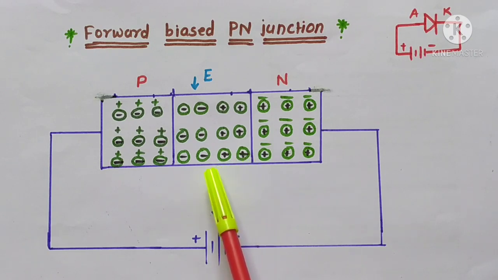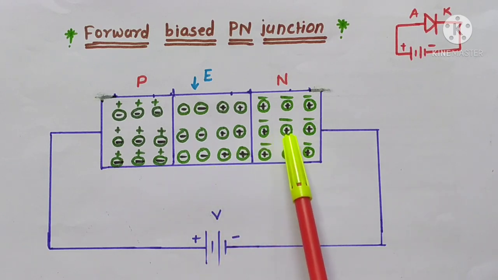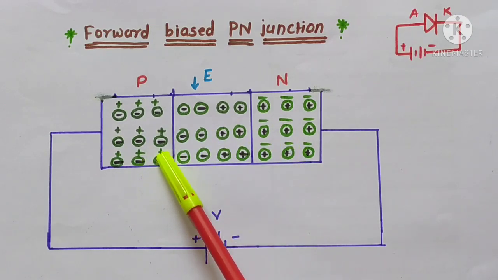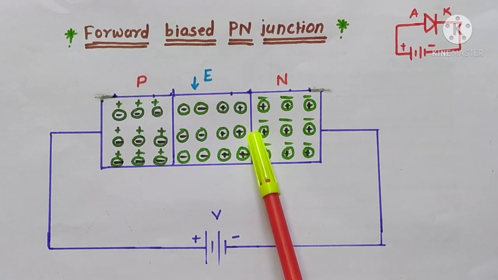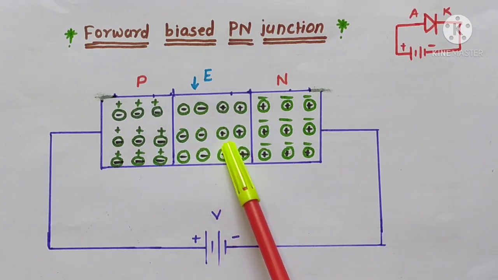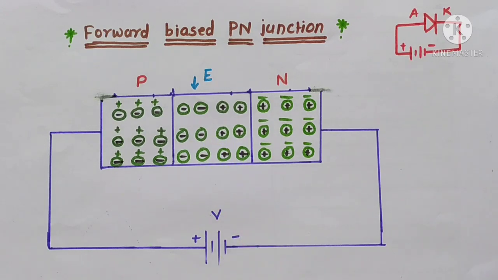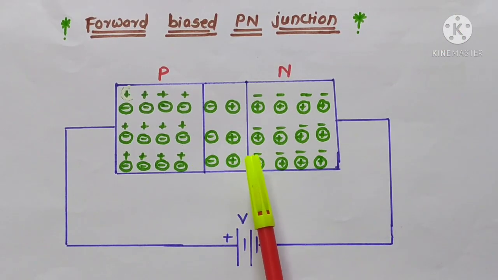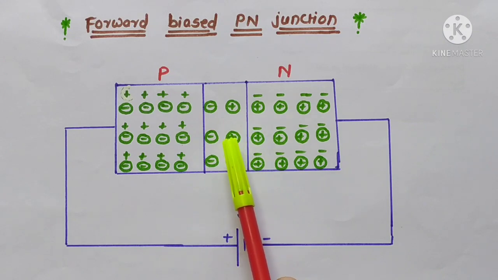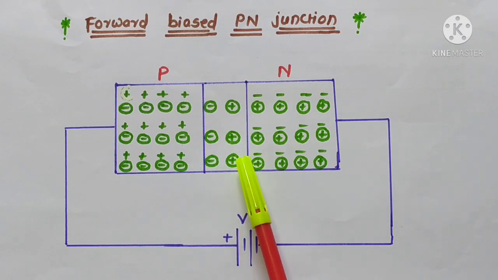So in forward bias, the electrons in the n-type region and holes in the p-type region get pushed towards the junction, and due to that, the width of the depletion region will reduce. In this other diagram, you can see the reduced width of the depletion region. So the effective resistance offered by this depletion region will also reduce.